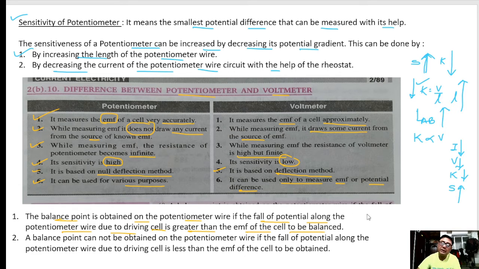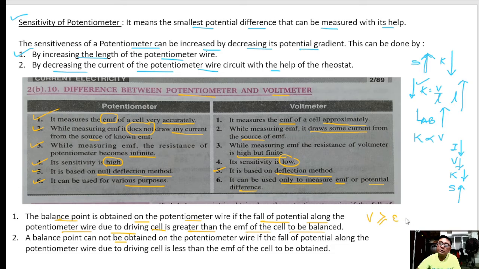That means the V should be greater than the EMF of the cell. Then only we can use the potentiometer wire. The balance point cannot be obtained on the potentiometer wire if the fall of potential across the potentiometer wire due to the driving cell is less than the EMF.